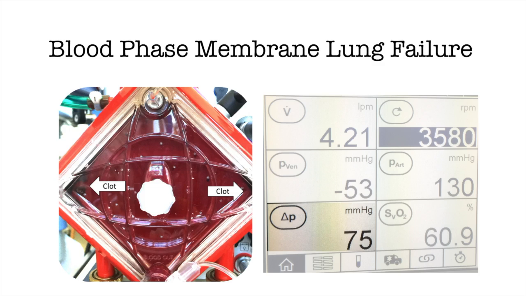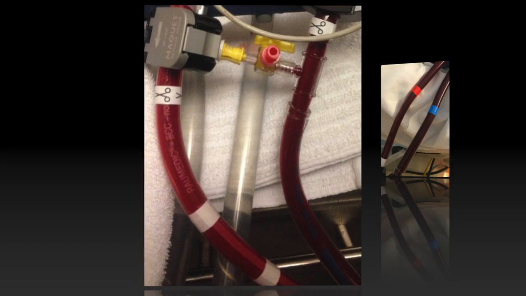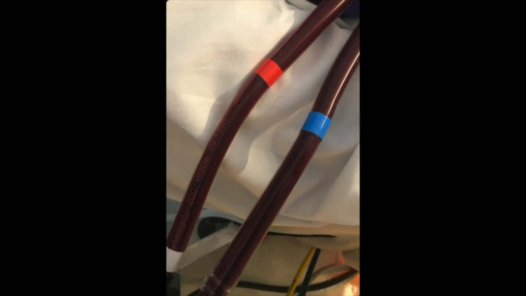An increasing trend in the delta P should trigger concern, in particular if it doubles in value. As we previously saw, normally there is color differentiation between the tubing, with one tube being dark and the other bright. Circuit gas exchange failure resulting in no oxygenation post-membrane will lead to both tubes being dark.